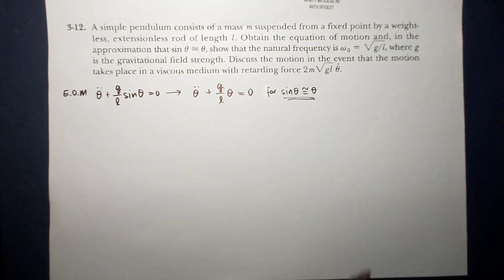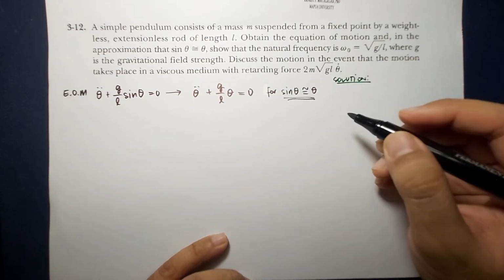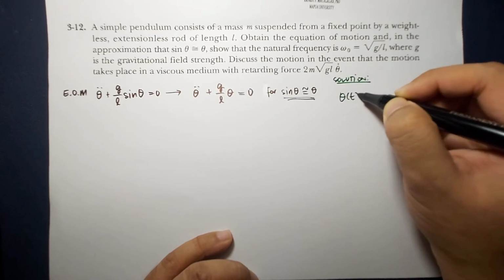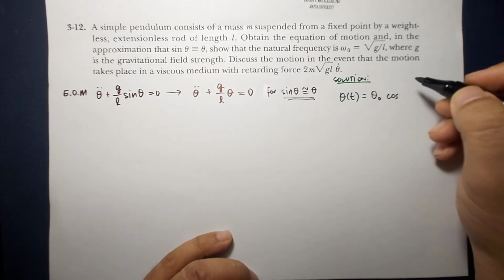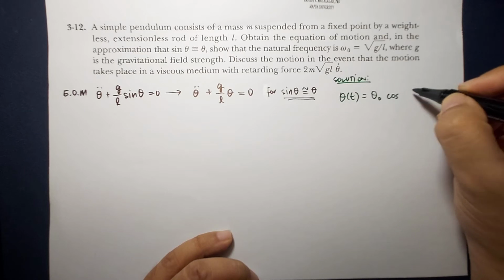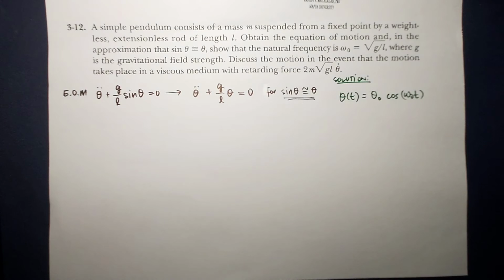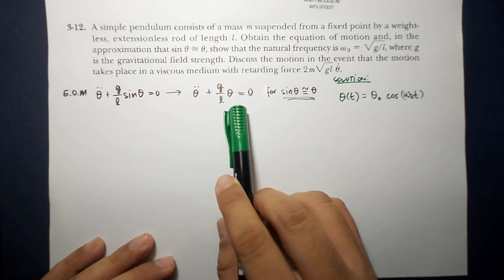So the solution to this problem can be expressed as theta equals theta naught cosine omega naught t, where theta naught is the amplitude of the oscillation and omega naught is the angular frequency of your simple pendulum, which is equal to the square root of g over L.